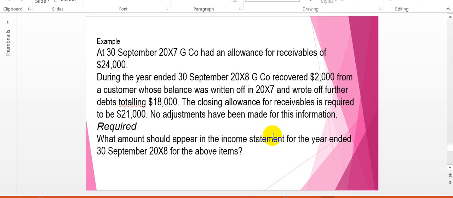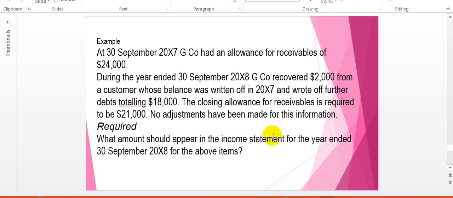Okay, so you notice that the opening allowance was 24,000, but the closing allowance should now be 21,000, indicating a reduction in the allowance. But on top of that, there was a debt which had previously been written off to the income statement, which has now been recovered, of 2,000.